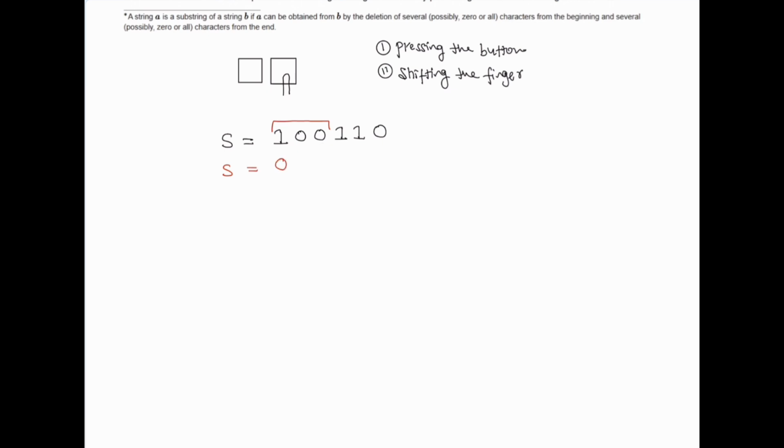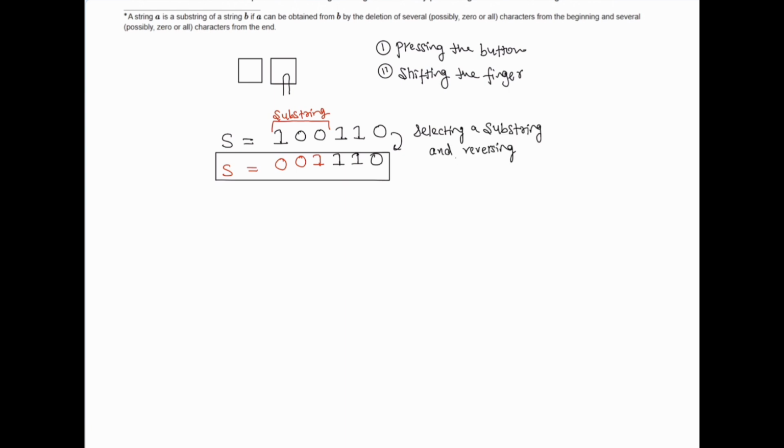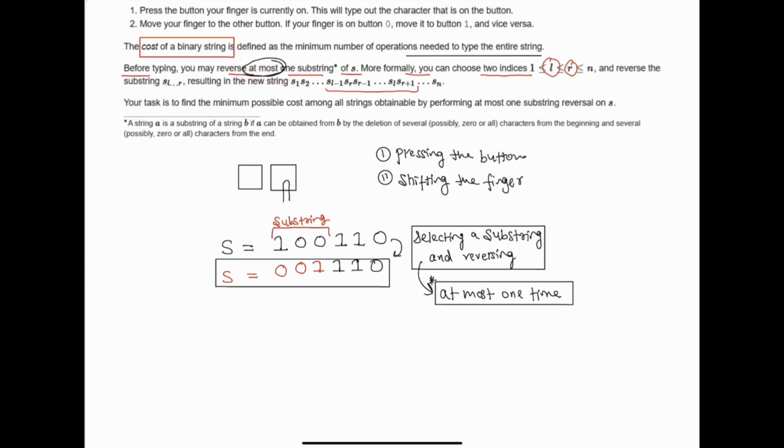This 0 will be here, 001, I reversed this substring and the rest of the string stays the same. So this is my new string. This operation of selecting a substring and reversing it can be performed at most one time. You can't do it again and again.